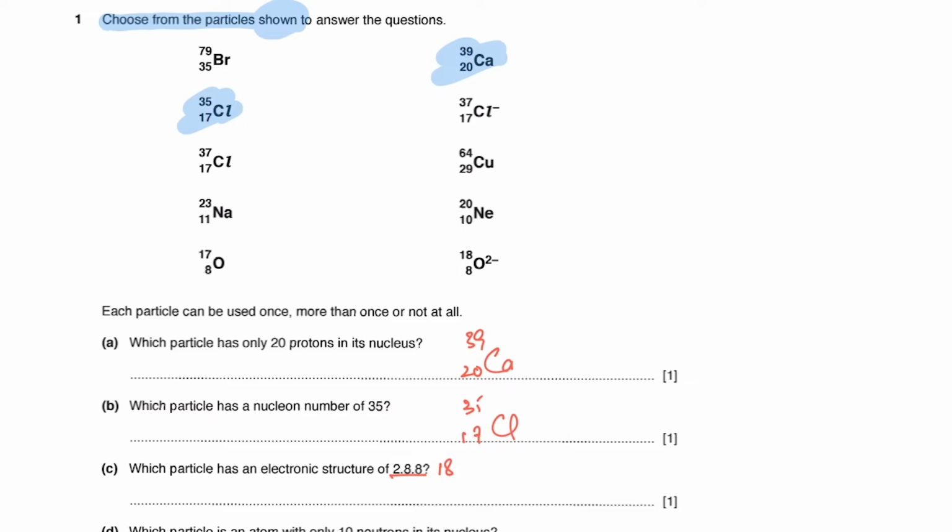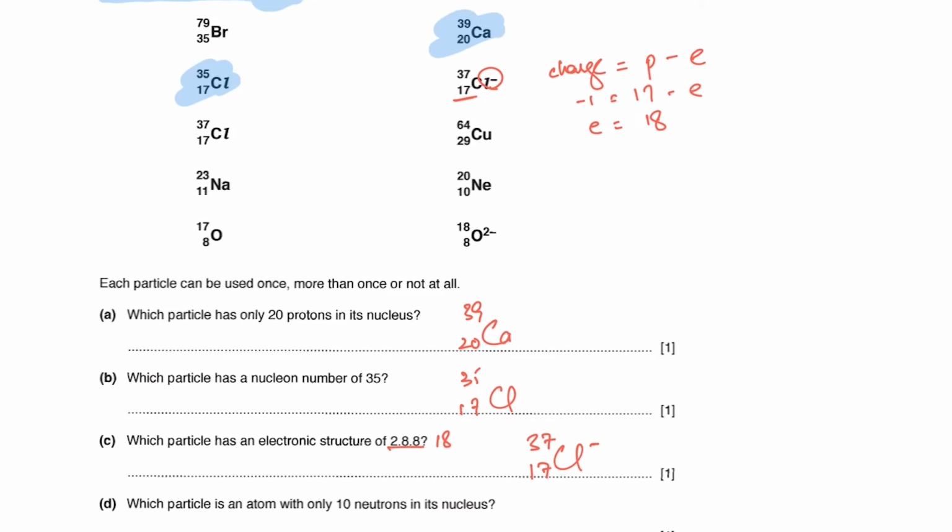Chloride is an option because it has 17 protons, but it also has a negative charge, which means it has gained an electron. Now remember, if you're looking for a formula, charge is protons minus electrons. So over here it is -1, protons are 17, so electrons are no doubt 18. So that's the answer. So we'll copy this option, Cl minus, 17 and 37, exactly the way they've given it.